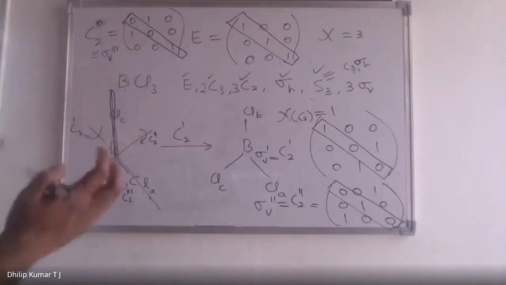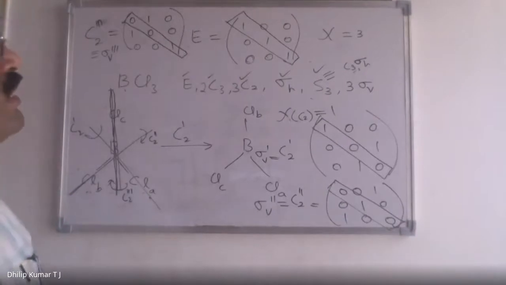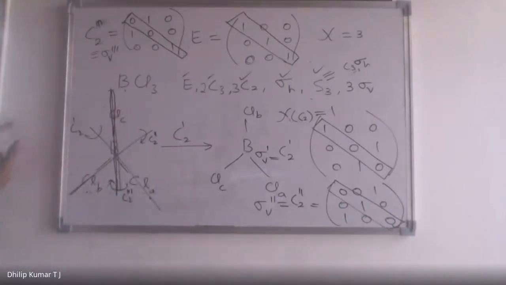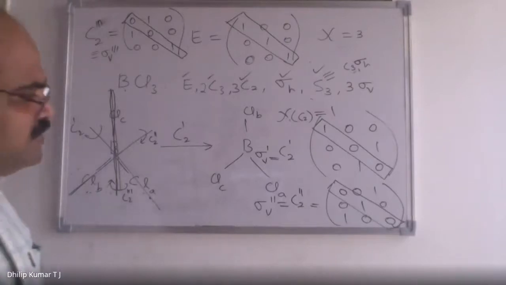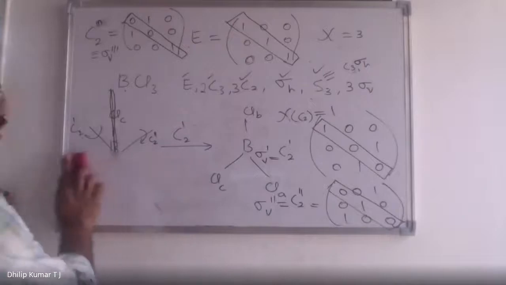All 3 atoms got interchanged, so its diagonal elements are all 0. So one can find out the diagonal elements, the trace, and then you can write it. Okay, so in this way you can write. We'll come to why we need the trace when we talk about representation.